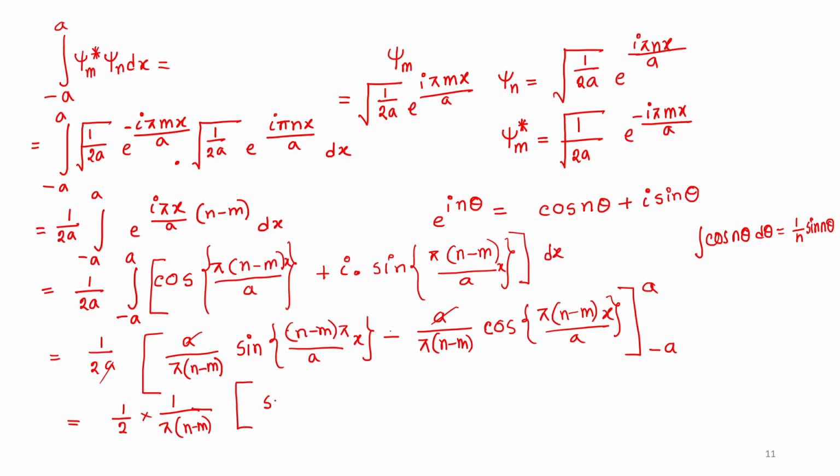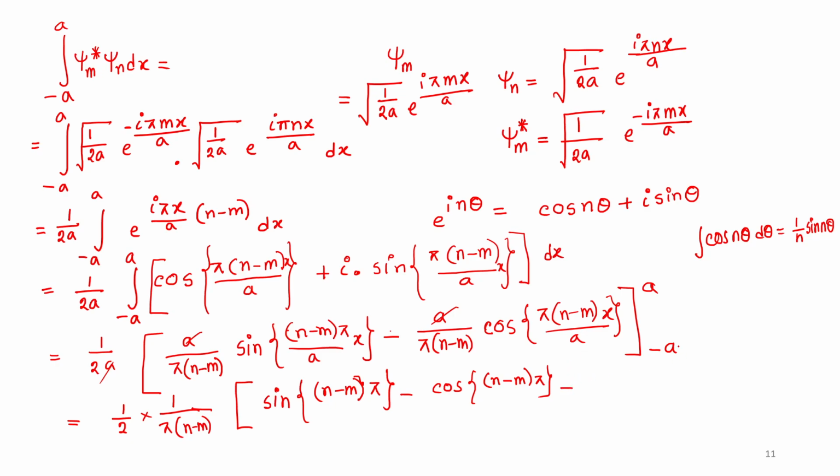So inside that, now we'll put the value. If x is a, then a and a are going to cut, so I will be left with sine (n minus m) pi. What about this part? Similarly, I will be left with cos (n minus m) pi, right?